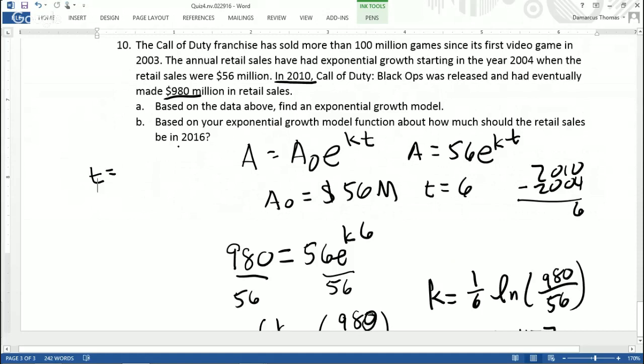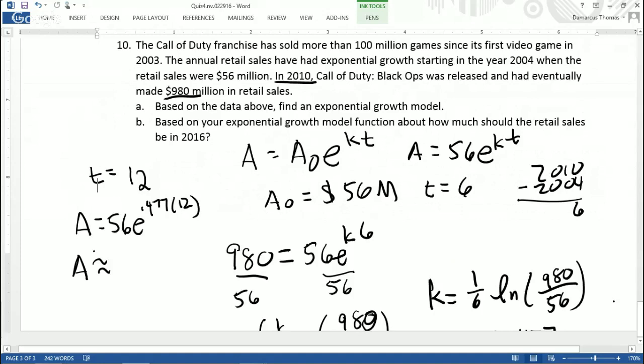How many years have passed between them two? That's actually 12. So we're going to let t equal 12 and plug that into our model, 56e to the 0.477 times 12.